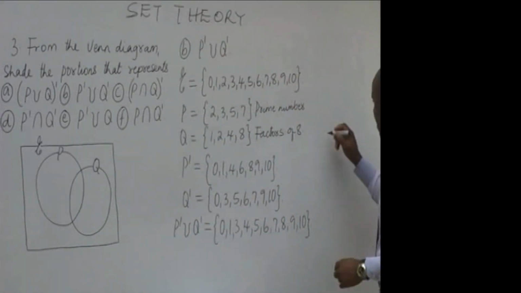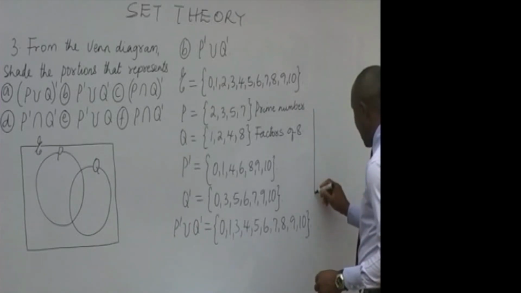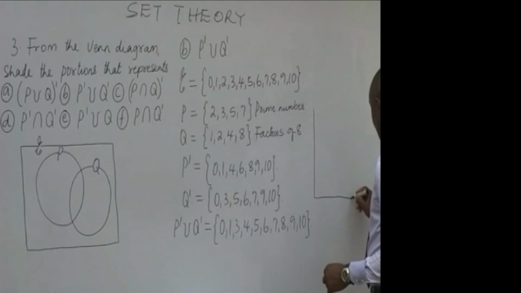Now, draw your Venn diagram, shade everything avoiding P intersection Q.